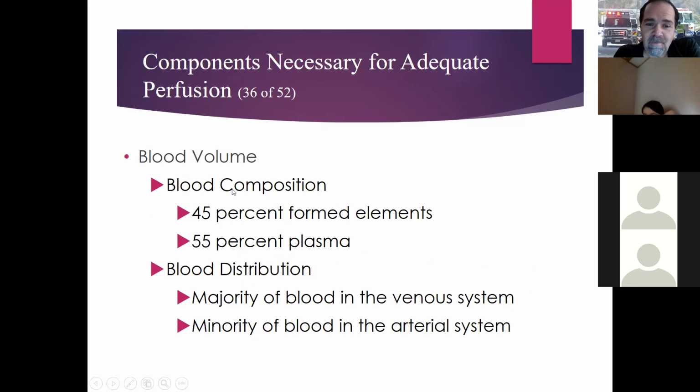So anyway, blood composition, in other words, what is in blood? 45% is formed elements. Have y'all ever done that experiment, somewhere in biology, or seen the picture in your books? Even the EMT book is going to have the picture. You're going to have a test tube.